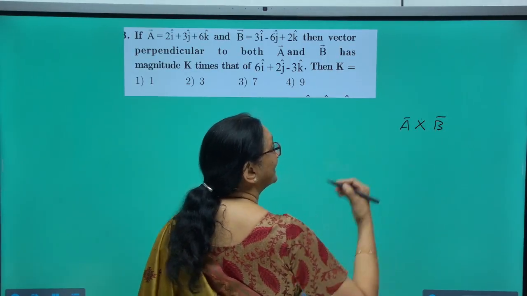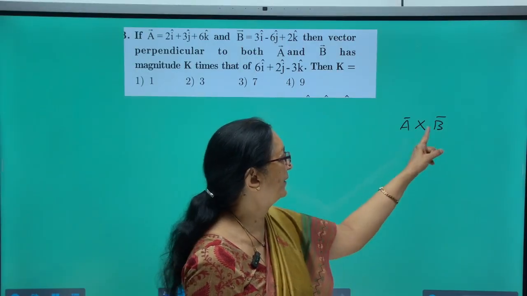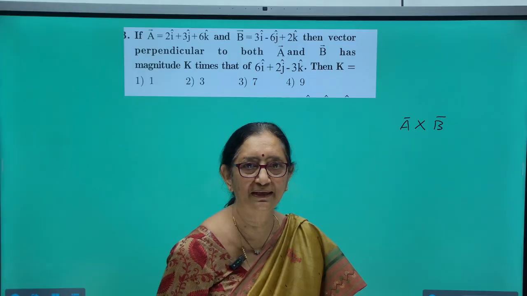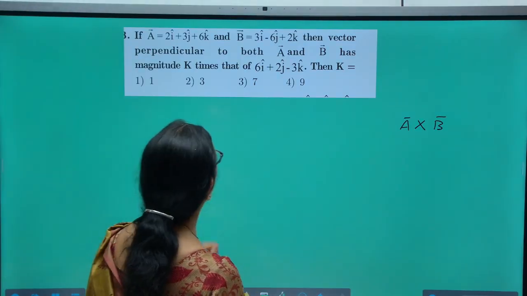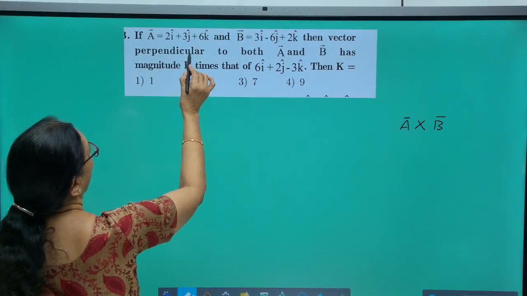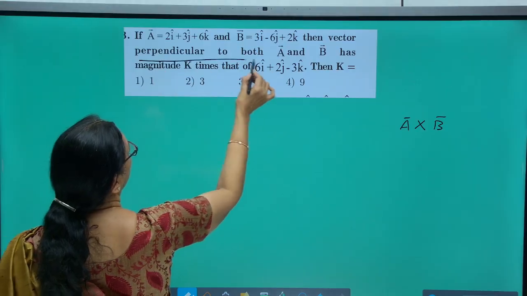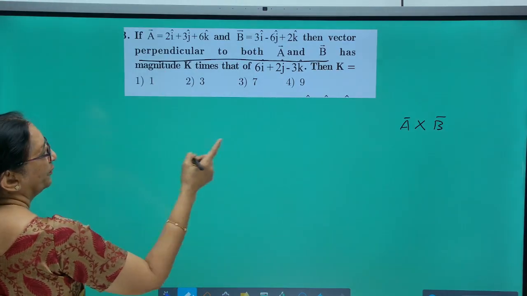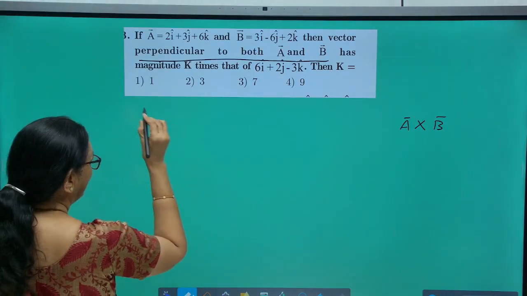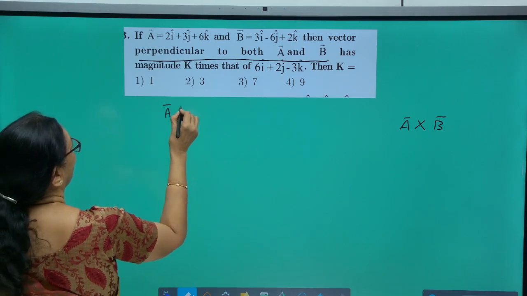If you find the cross product of two vectors, it is perpendicular to both of them. So, in this problem he mentioned a vector perpendicular to both A bar, B bar, which means we need to find out the cross product. First, let us find out the cross product carefully.